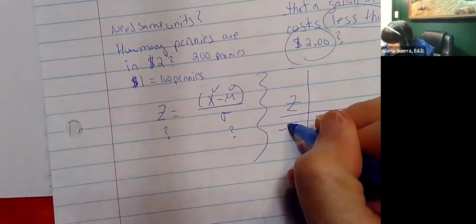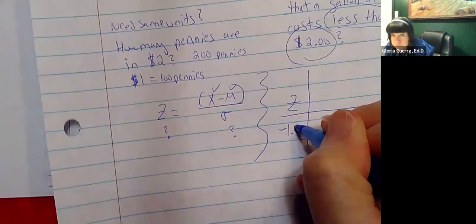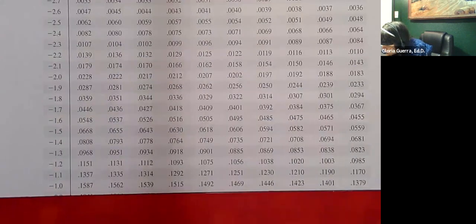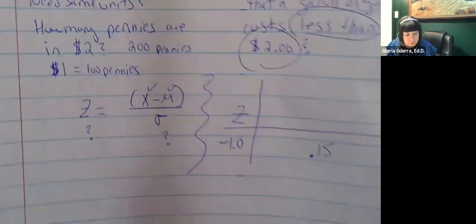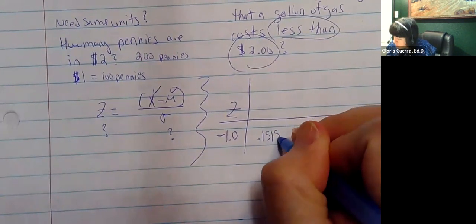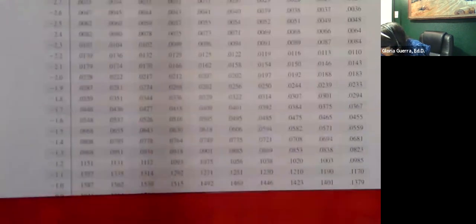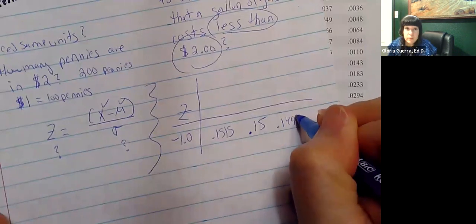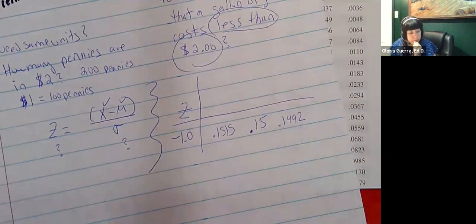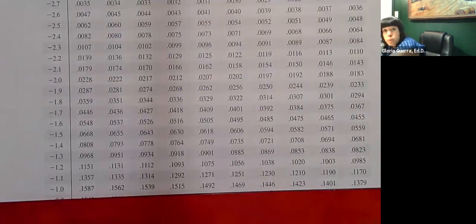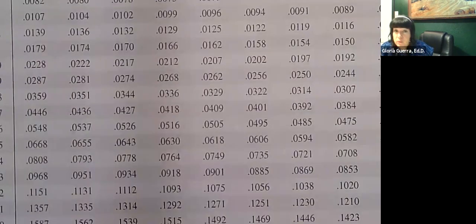Negative 1.0. 1515, right? And 1492. Okay, and then what are the numbers at the top?